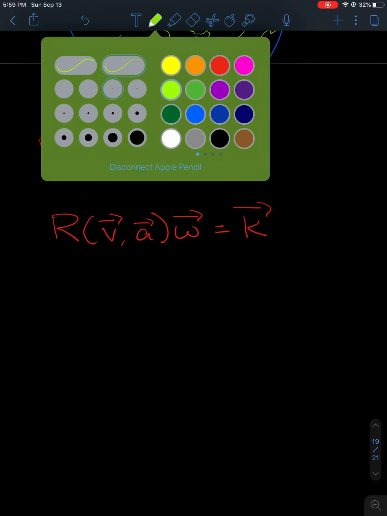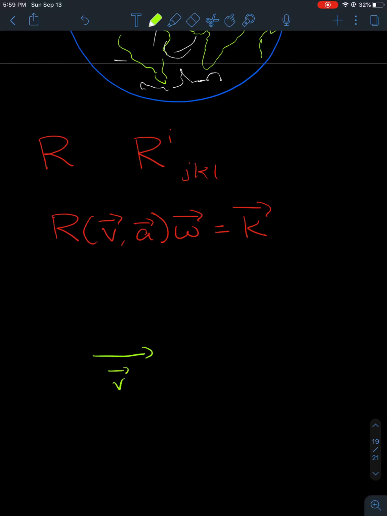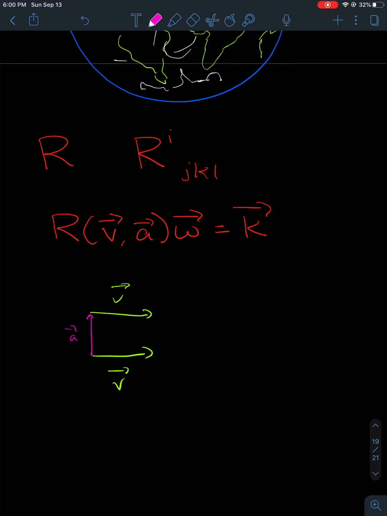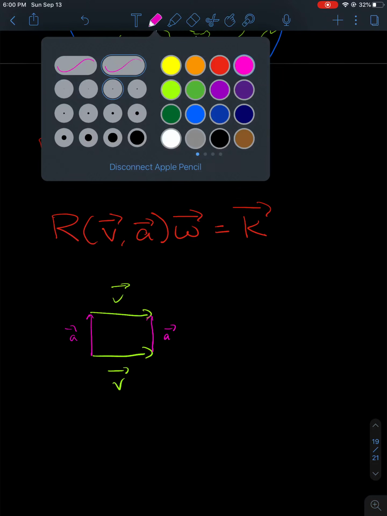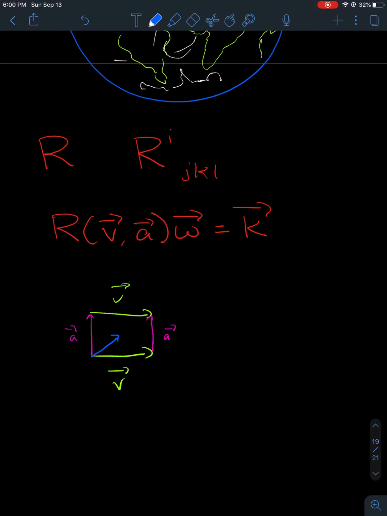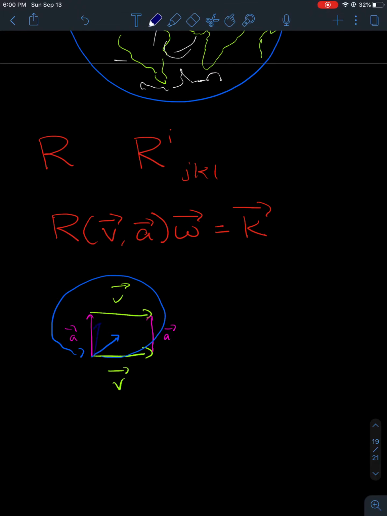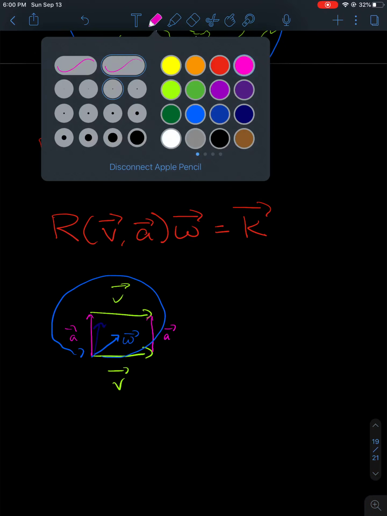So if I had a loop formed by V and A, and I had some arbitrary vector and transported it along this loop, this vector might look like this. Well, W would represent the vector being transported, and then K would represent the separation vector between the initial W vector and the new W vector.